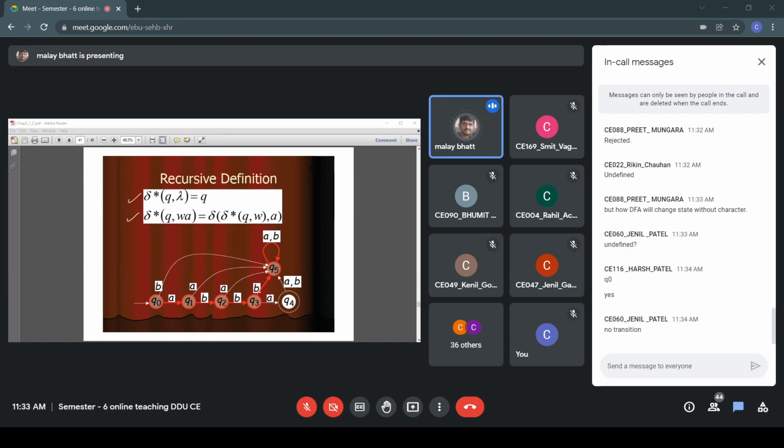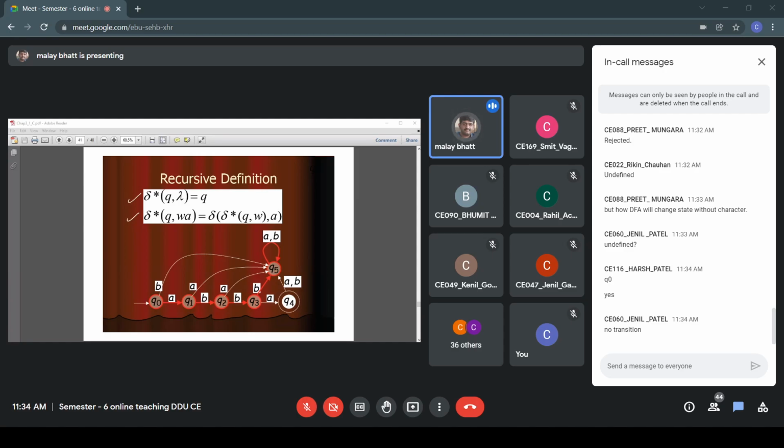Now only one symbol is left. When only one symbol is left, you don't use delta star, you use the definition of delta only, because it is only one symbol. So for that last symbol you use the delta definition, applied to the output state from delta star of q comma w, and you will get the final output. That is how you will get the solution.